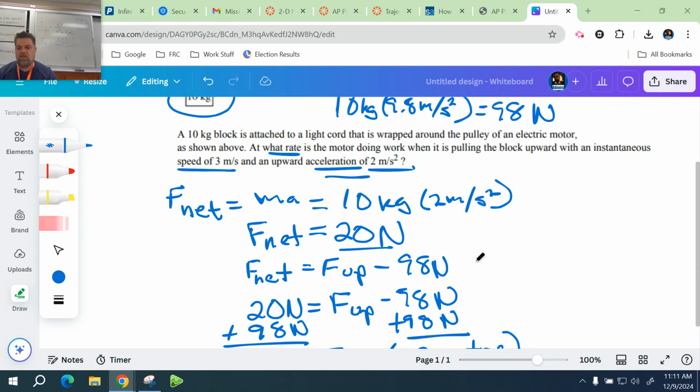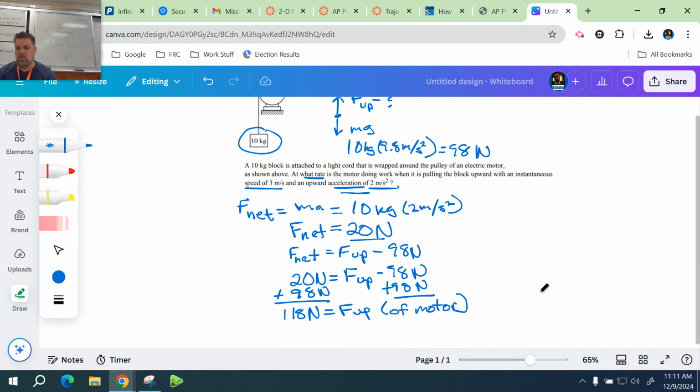Let me move my face over here, zoom this down a little bit. So power is actually the force of the motor times the velocity. Okay, and I'll explain how we justify that in a second.